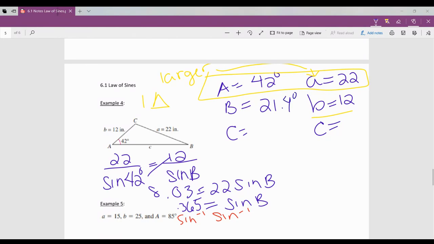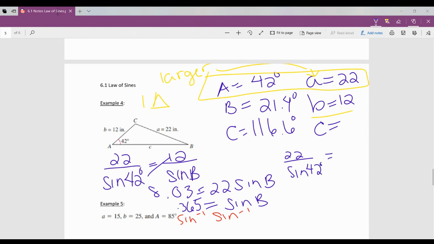Okay, so now I have 2 out of the 3 angles. I can do 180 minus 42 minus 21.4, and I get 116.6 degrees. And then I have to find c. So I'm going to go back to my law of sines with my original pairing, which is 22 over sine of A, which is 42.